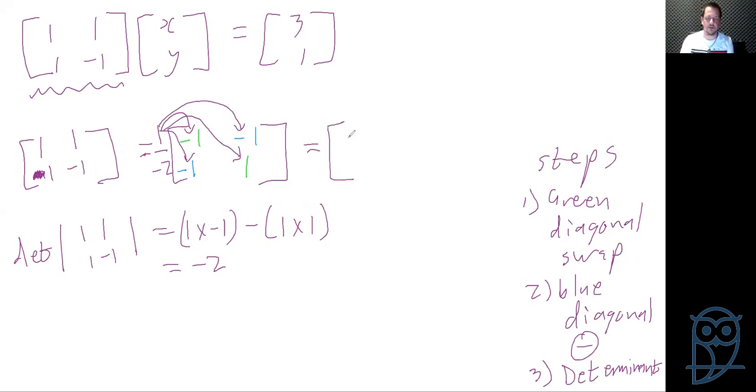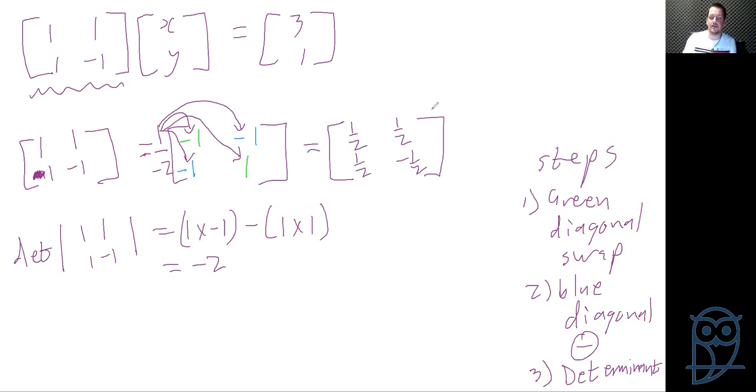So this leaves me with a matrix of 1/2, 1/2, 1/2, and -1/2. If you want to write as a fraction or a decimal, doesn't matter, that's totally up to you.